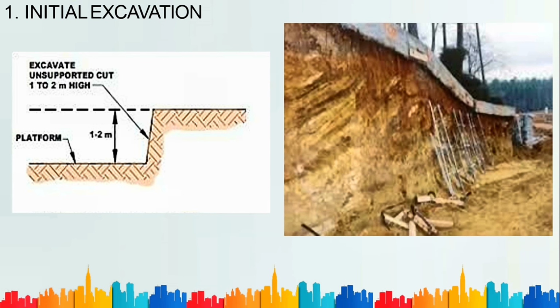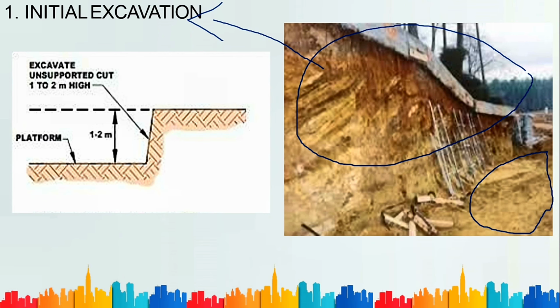For example, if I start excavation for construction work, say a G+10 or high-rise building, I also stabilize the nearby or surrounding area. For that type of practice I also choose the grouting process.